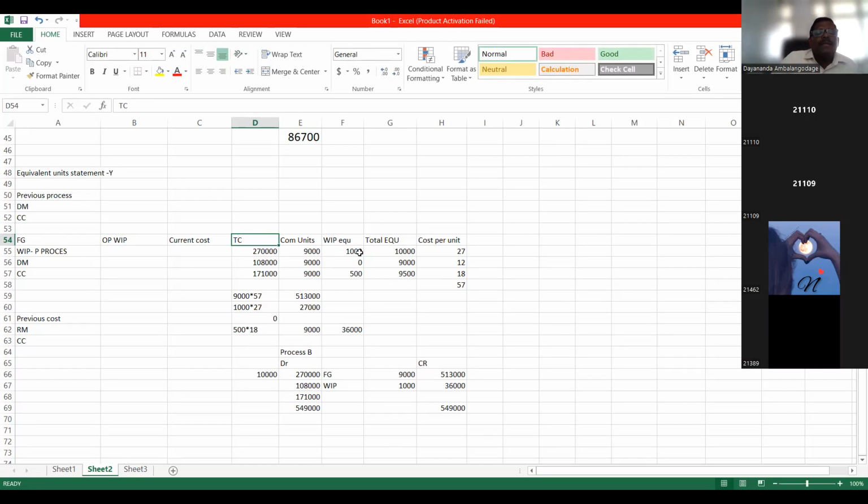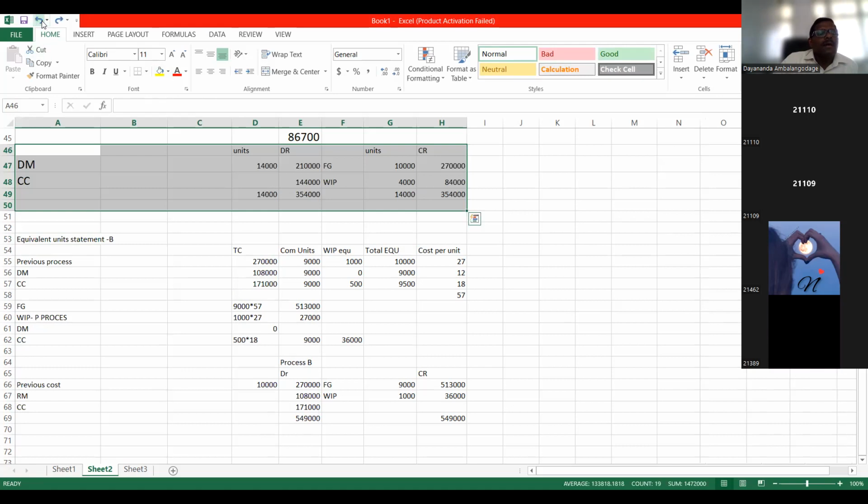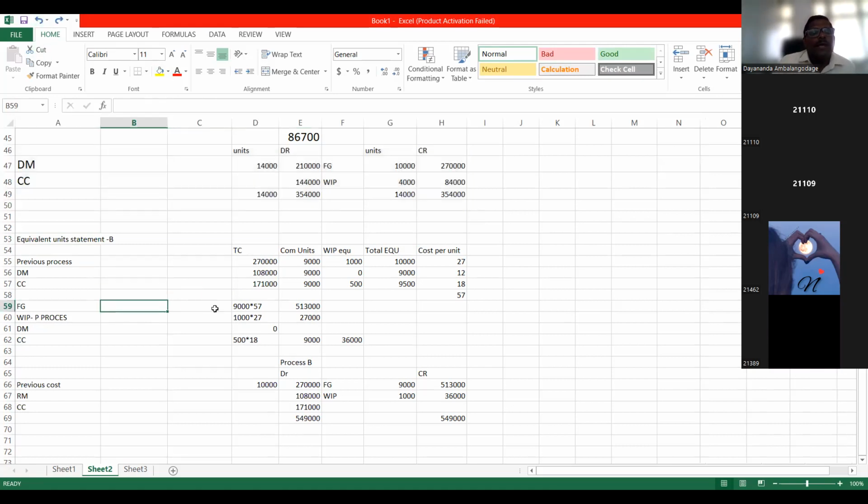But in addition to that, what is required is... I think I did a small mistake. I put the opening WIP, and it caused a problem when deleting. Opening WIP, then current cost.